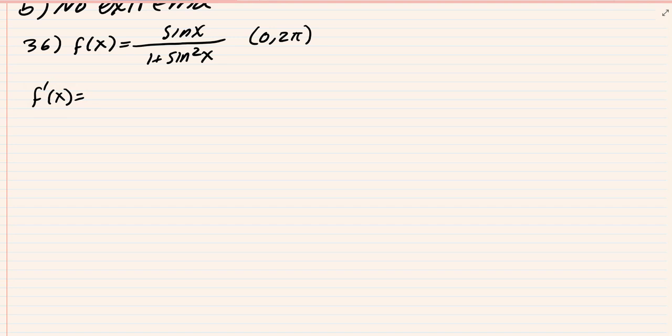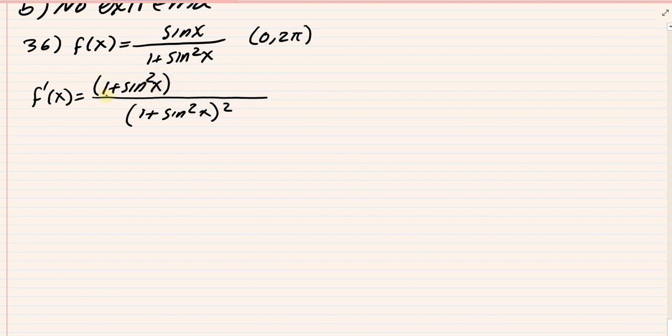So we're going to use the quotient rule in this one again, right? F prime of x is, you square the denominator, 1 plus sine squared x, squared. Repeat the denominator times the derivative of the numerator, which is the derivative of sine, which is cosine, minus the numerator times the derivative of the denominator.